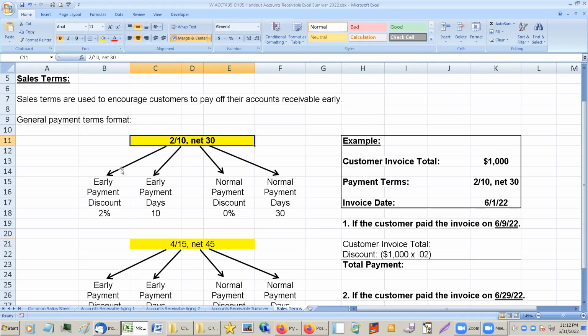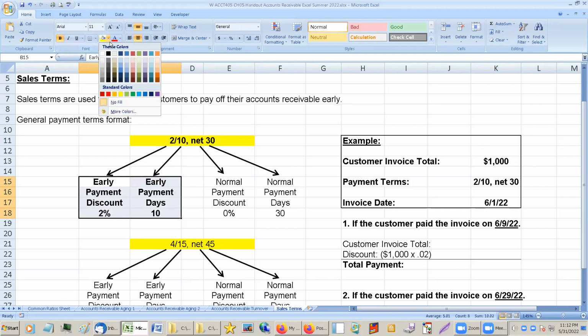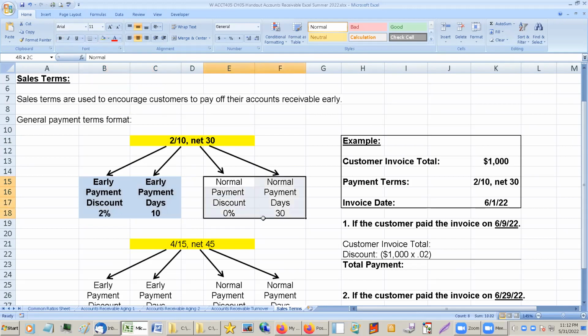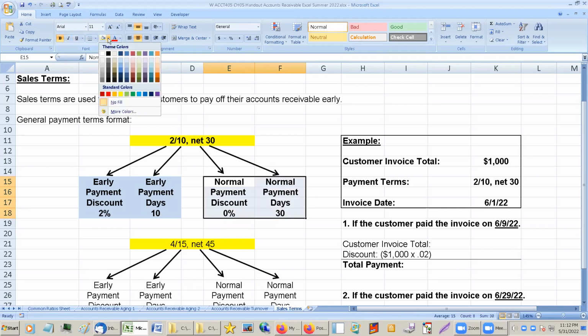And we say, what does that mean? Well, the first two are for the early payment discount, so that if they pay early, they get a discount. Now, if they don't pay early, then they have to pay the full thing, and that will be in a different number of days usually.